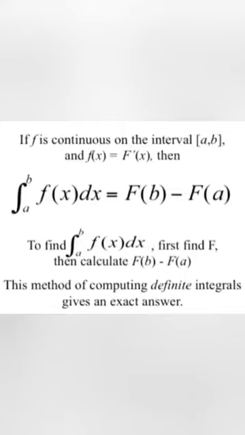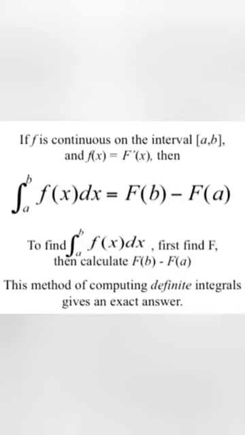To find the definite integral from a to b of f(x) dx, we first find F, then we calculate F(b) minus F(a). To find F, we will use the same technique that we have used in indefinite integrals.